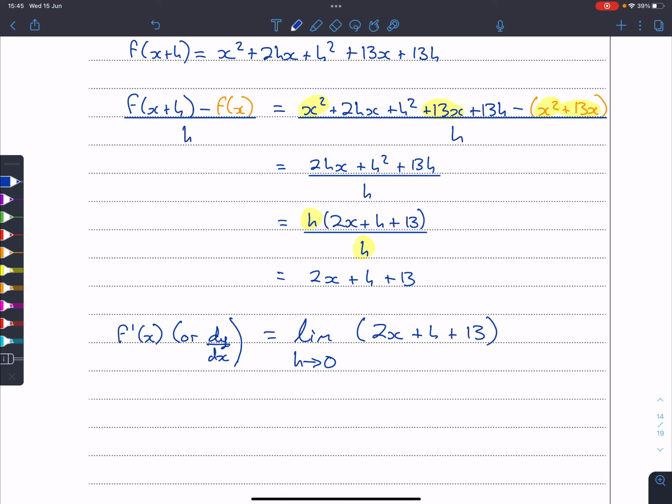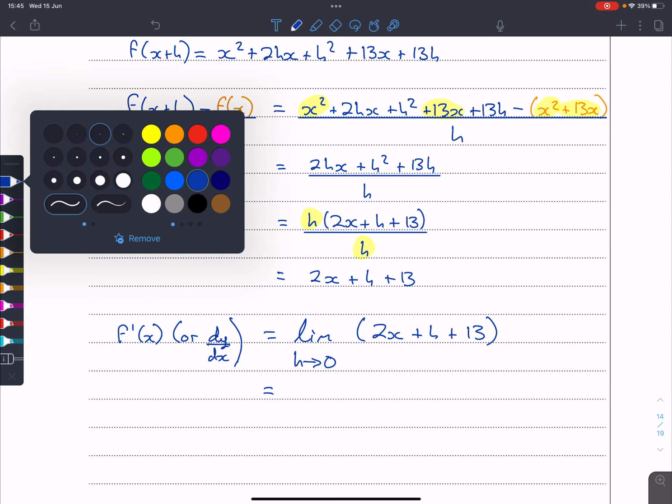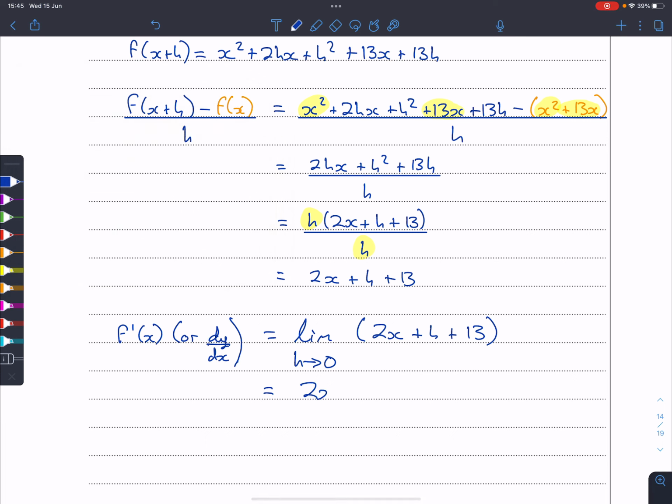Well, what's going to happen if h goes to 0? The 2x isn't going to be affected at all because there are no h's involved in that. So that becomes 2x. The plus h is going to go to 0 because if h goes to 0, then this will go to 0. But the plus 13 at the end doesn't involve h, so that stays as it is.